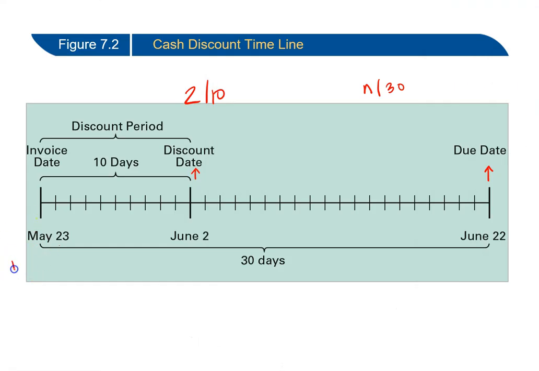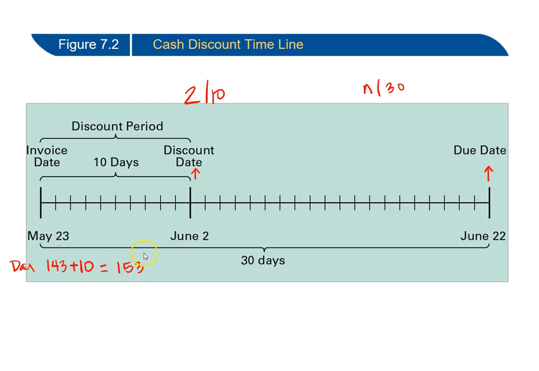And I'm just going to write this down here. To find the discount period, remember that was just 10 days, so I'm going to add 10 for the number of days in my discount period, and this is going to give me 153.